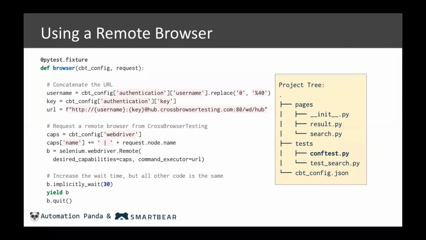And it will return a reference to the WebDriver that will communicate remotely with the browser that you've requested in cross-browser testing's cloud. Pretty cool stuff. So instead of writing Selenium WebDriver Chrome, we now write Selenium WebDriver Remote with all the specification.